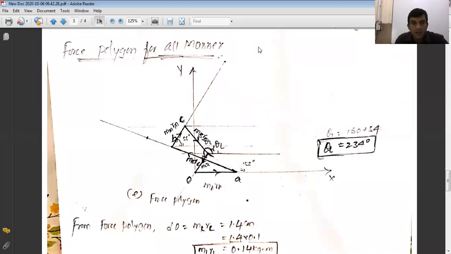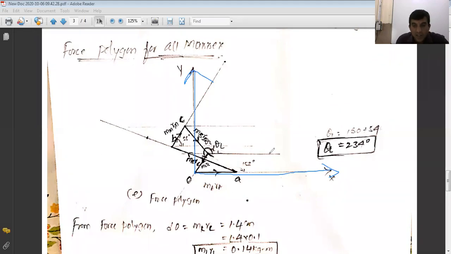Now first draw the x-axis line and y-axis line. The intersection of the x and y axes is the point O. Now go according to the first plane, plane A. What is the centrifugal force for the first plane? What scale are you going to choose?